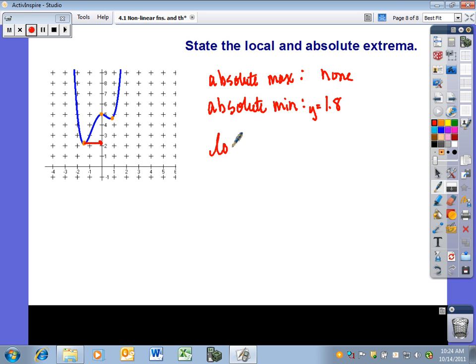A local min, or excuse me, max, let's do the max first. Okay, it reaches the highest point right here at 5. A local min are all low points. So we had one at 1.8, and we have another low at about 4.8.